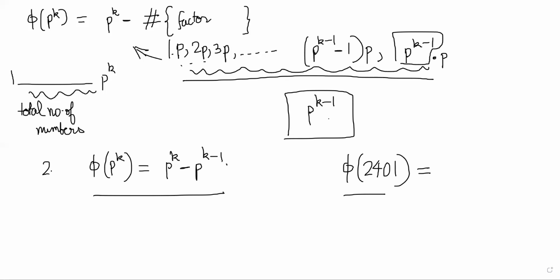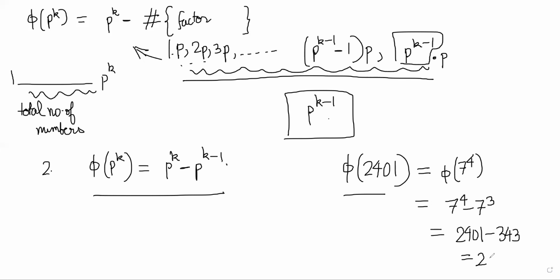It is phi of 7 power 4, which would be 7 power 4 minus 7 power 3. That is 2401 minus 343, which is 2058.